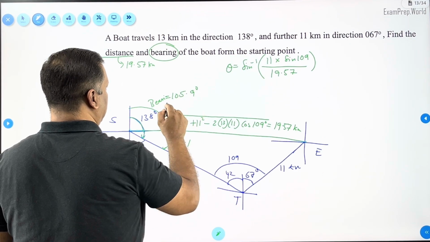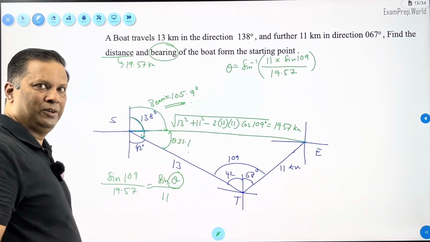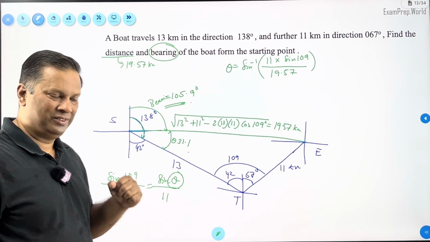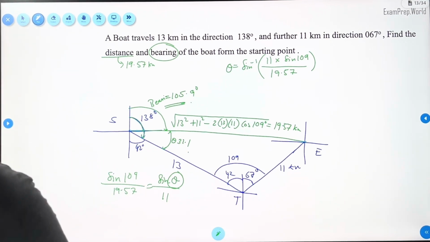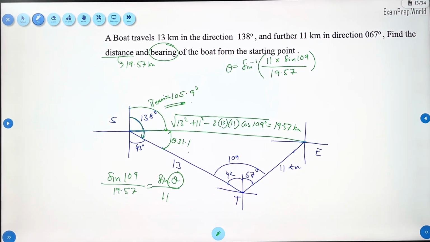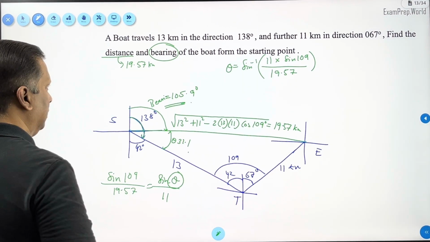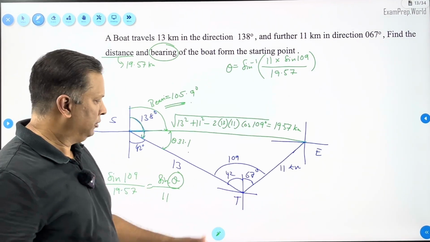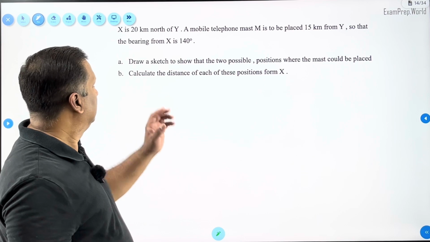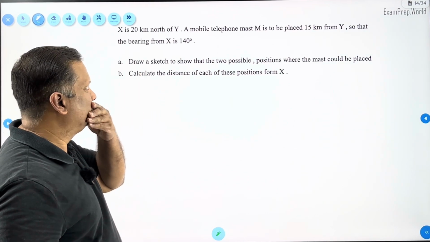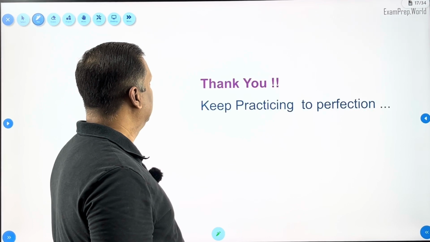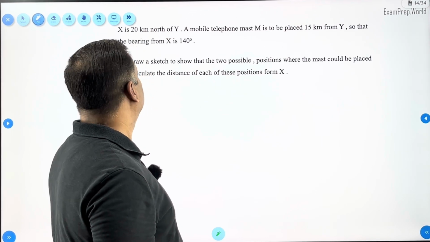Okay, understood? So we have solved this question too. Keep pausing and do it yourself on pen and paper. After this we have quite a good number of questions.